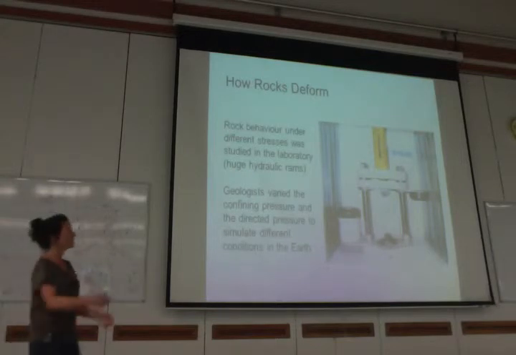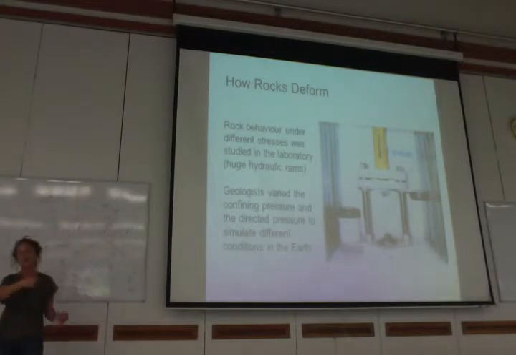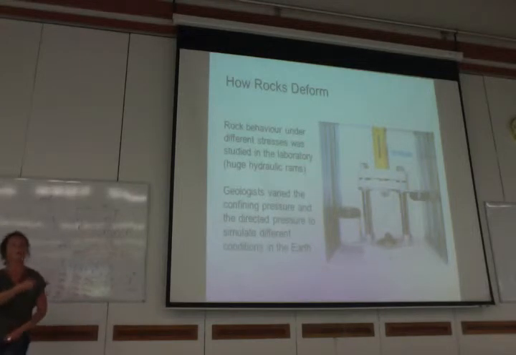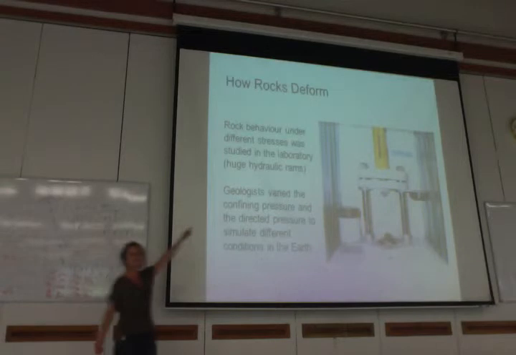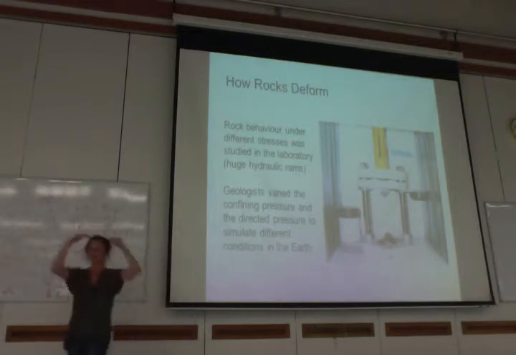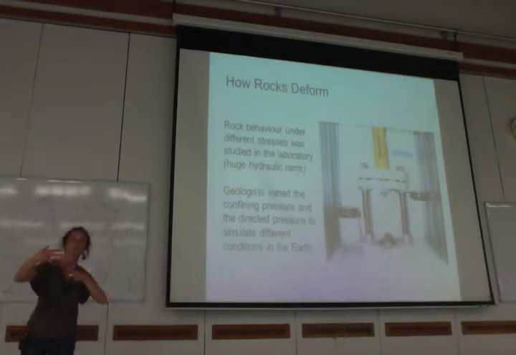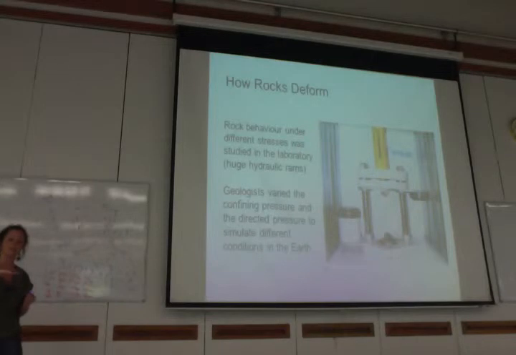So geologists started using these big hydraulic rams, and they put different materials in there, different rock types, and they subjected the different rocks to different types of pressure. So they messed around with confining pressure. You remember that type of pressure which is equal in all directions, and that pressure increases with depth in the Earth's crust.